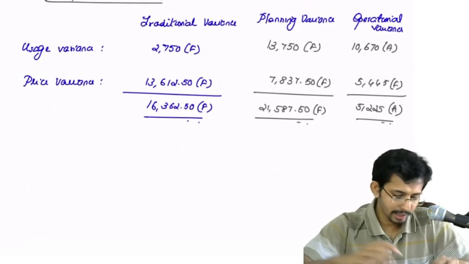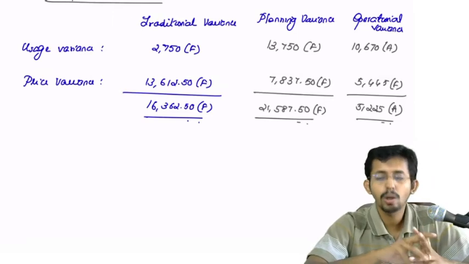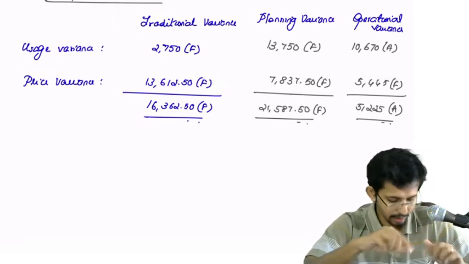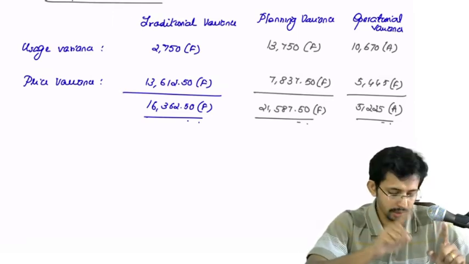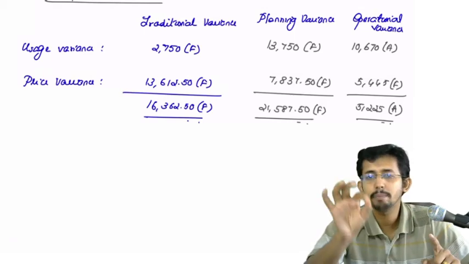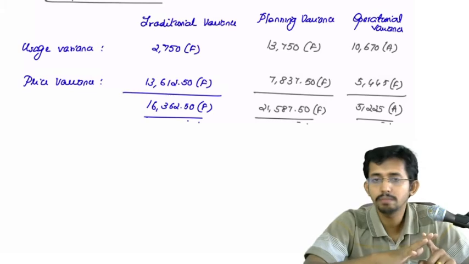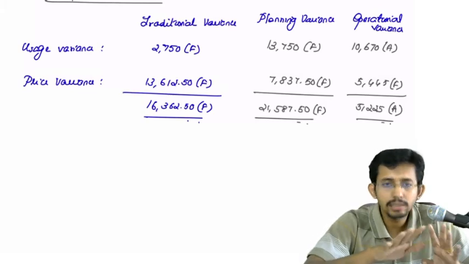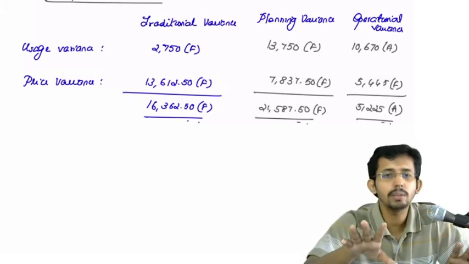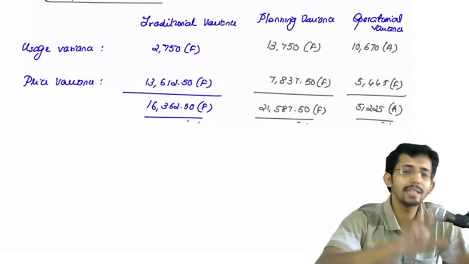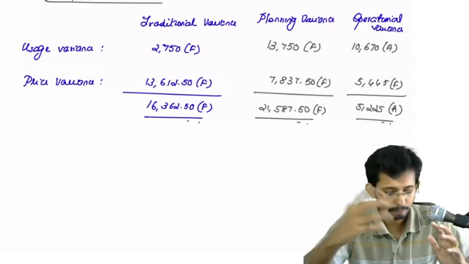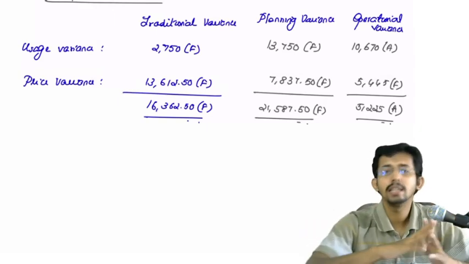Now what is the analysis you can do? If you are using traditional variance alone, you will say that both usage and price variance are favorable. That means the company is doing exceptionally well in terms of material consumption, both in terms of price negotiation as well as the consumption part.